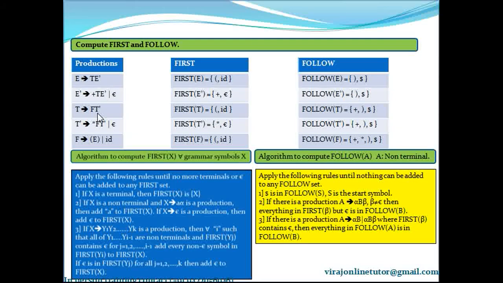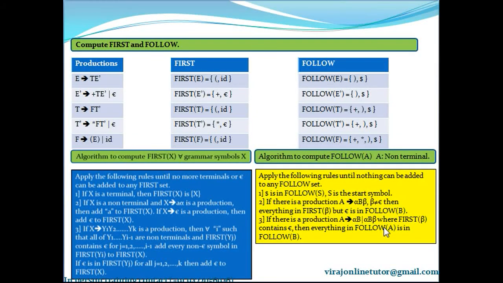Whatever is in first of T dash, you place it in follow of F, which we just did. Alpha B beta, so first of close bracket, you place it in follow of E. So close bracket goes in follow of E. So rule number 2 is applied to all the productions.